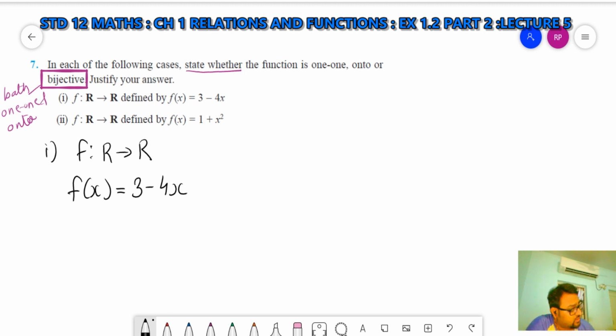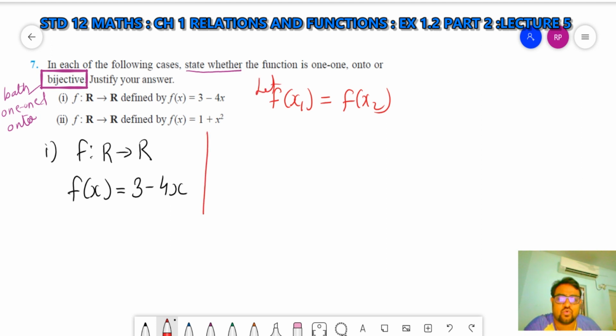So what was our step to prove one-one? Take x1, f(x1) equal to f(x2). So let f(x1) equal to f(x2). What does that imply? 3 minus 4x1 equals 3 minus 4x2. Okay, 3 and 3 get cancelled.